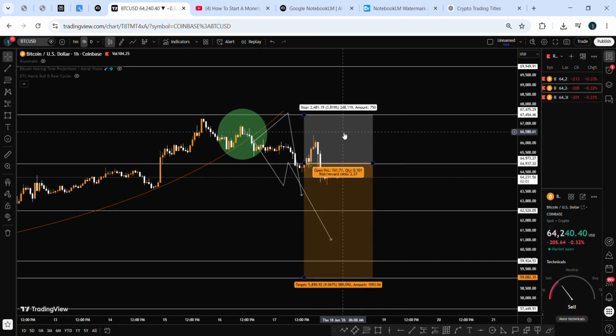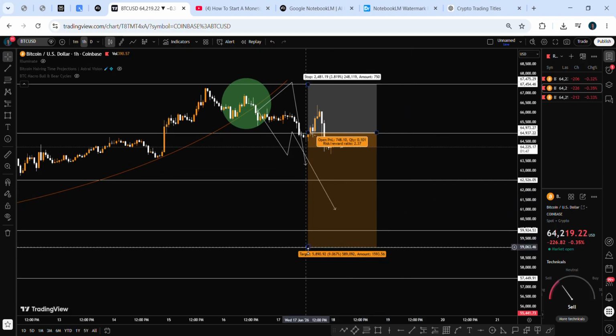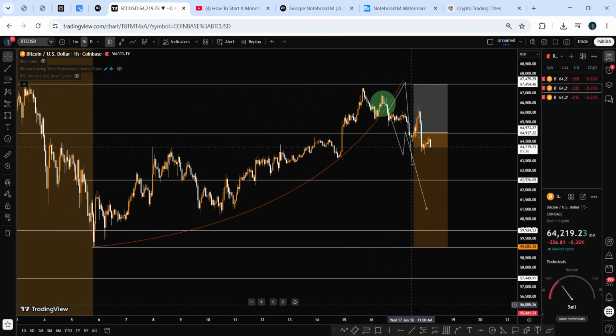For this now, if I'm using 0.01, I'll be risking $24 to $25. If I'm using 0.01, I'll be risking $25 to gain $58, which is 1 to 2, and 1 to 2 is a very reasonable take profit.